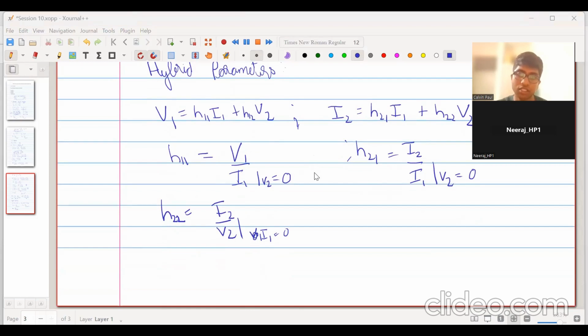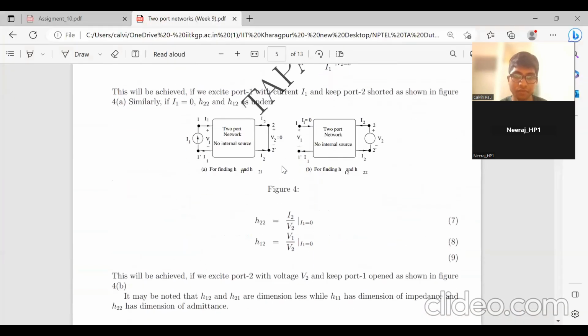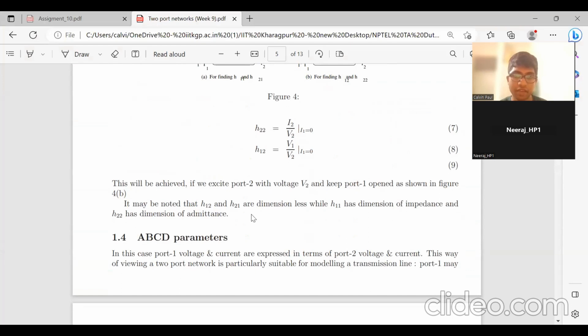So any doubts in this one? See, H12 and H21 are dimensionless, while H11 has dimension of impedance and H22 has dimension of admittance.